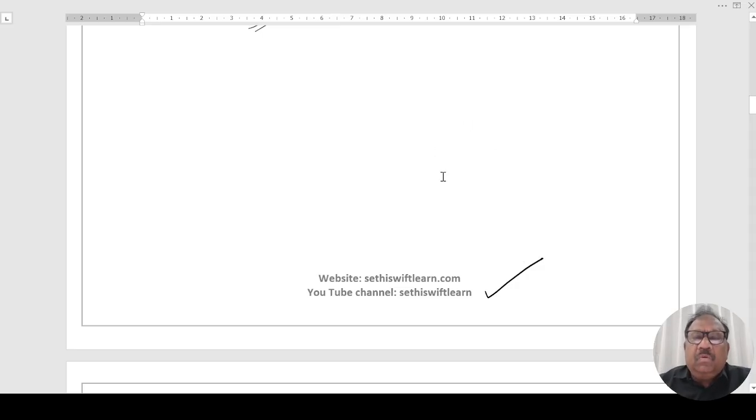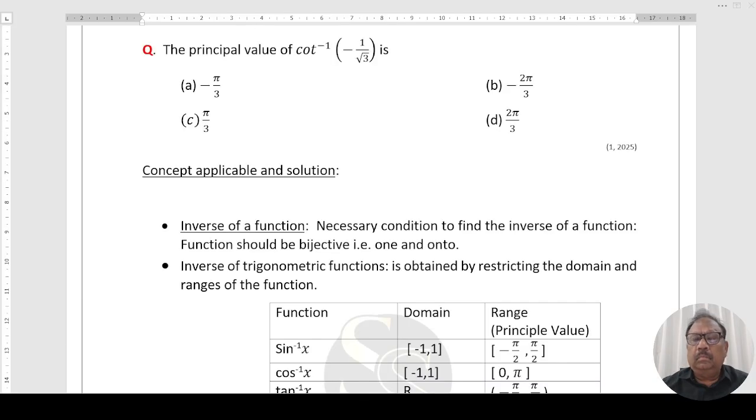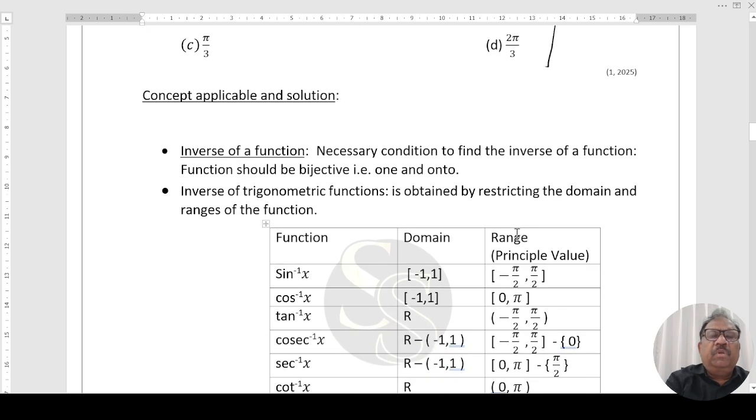Now let's start with the question. Question is, the principal value of cot inverse of minus 1 upon root 3 is. Four options are given to you, one of the options is correct. The answer can be given orally immediately, but before giving the answer I will discuss in detail the applicable concepts.